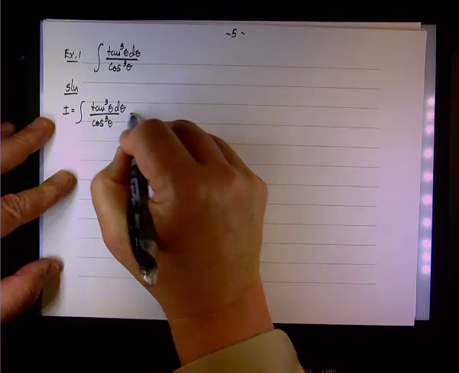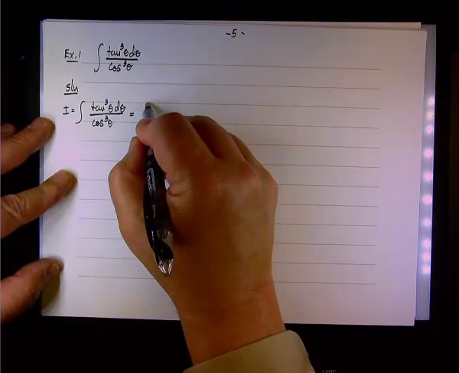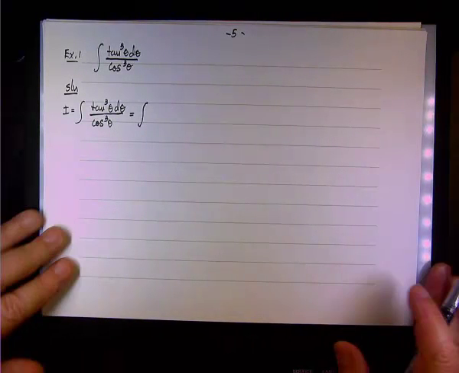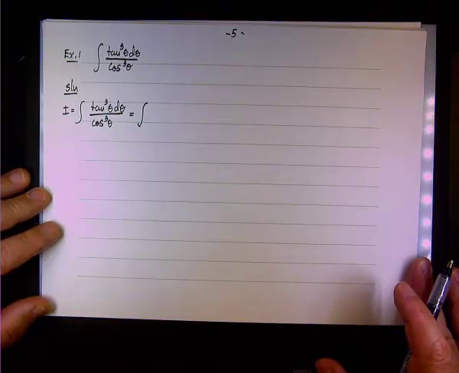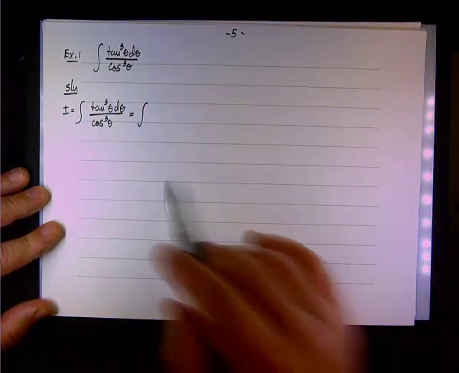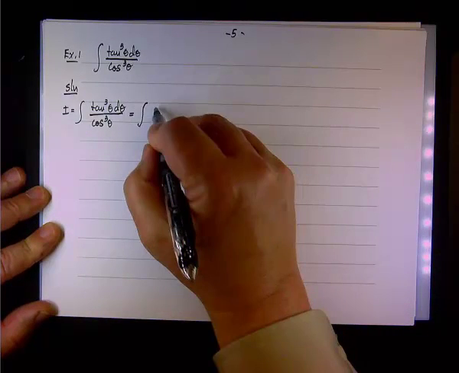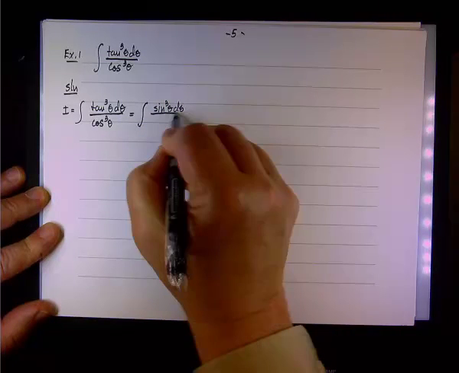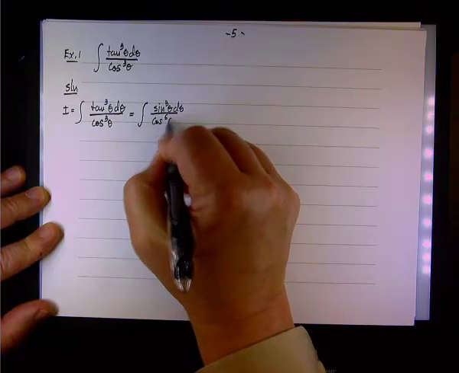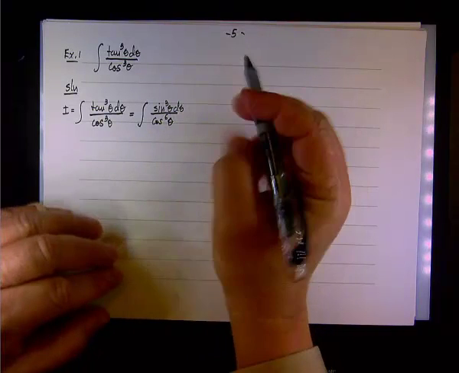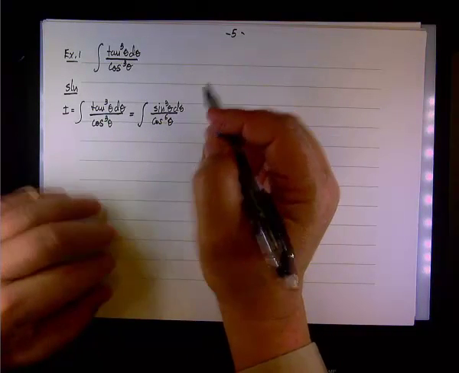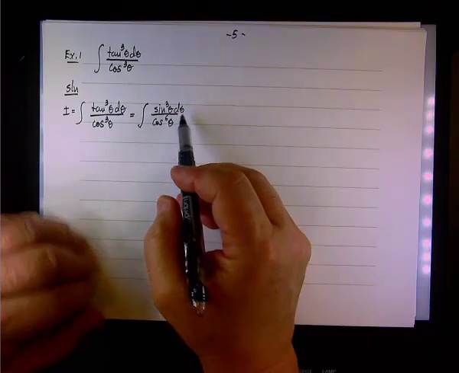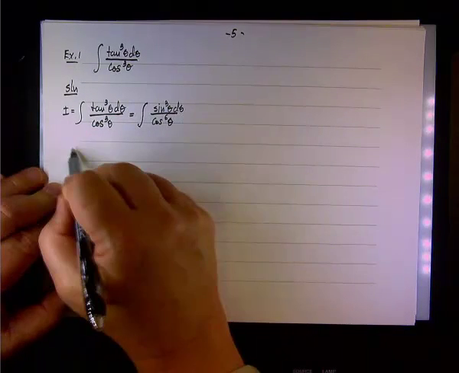So what we want to do is the integral of tangent cubed of theta d theta over cosine cubed. When you learned trig, you were told that a lot of times you need to apply or verify identities. It's good advice to write everything in terms of sine and cosine. Since tangent is sine over cosine, you can simplify it to sine cubed of theta d theta over cosine to the 6.